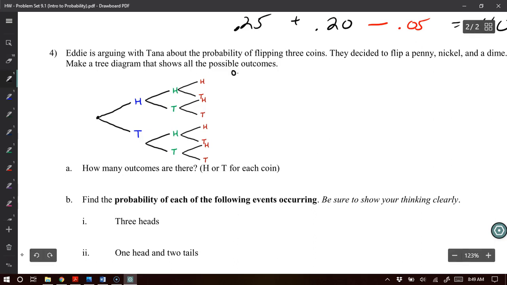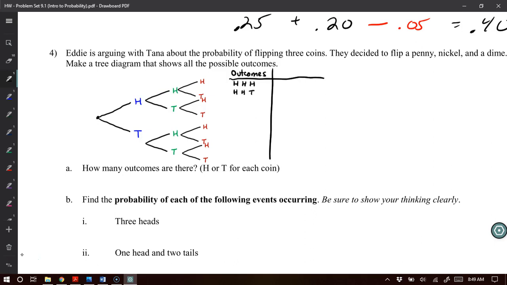And so if I look at my outcomes, I can have a heads, and a heads. I can have a heads, and a tails. And so what I'm doing is I'm tracing out, I can have a heads, a tails, and a heads.